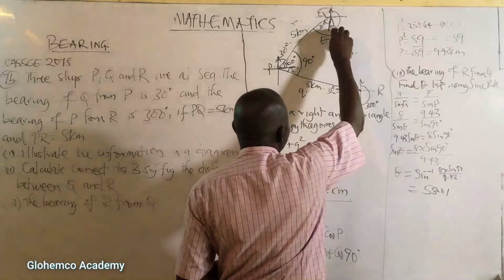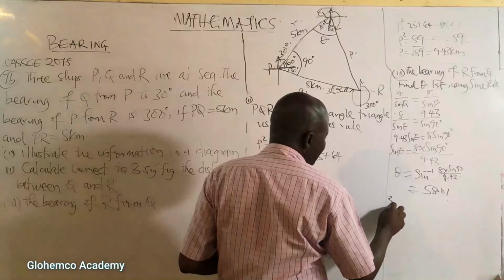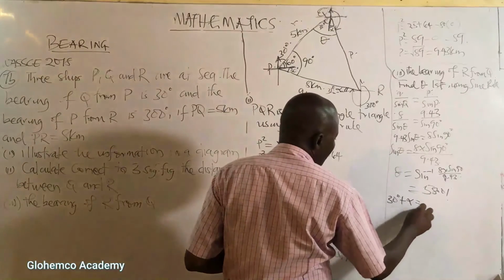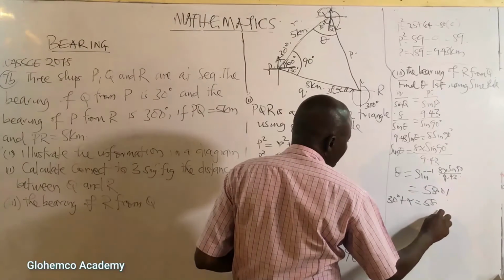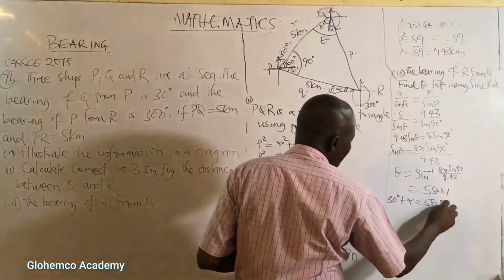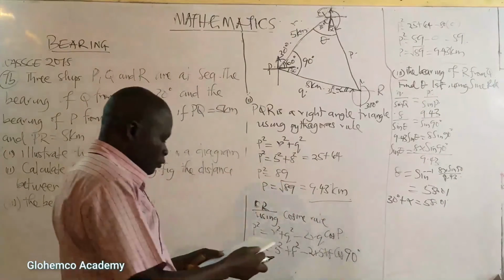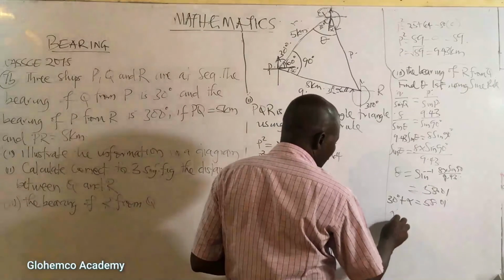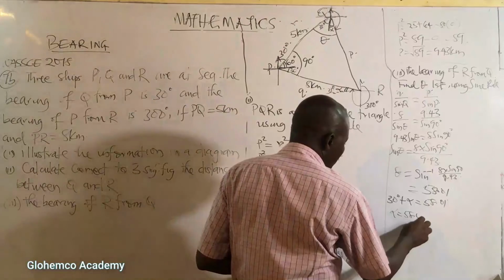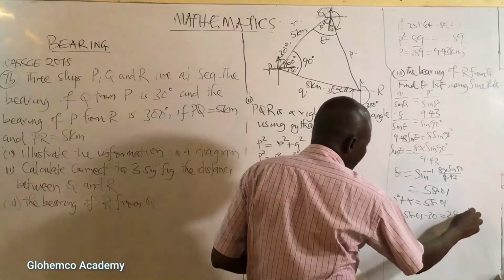Let us call this one alpha. So we know that 30 degrees plus alpha equals 58.01. Now, what is our alpha? Our alpha will be 58.01 minus 30, which gives us 28.01 degrees.